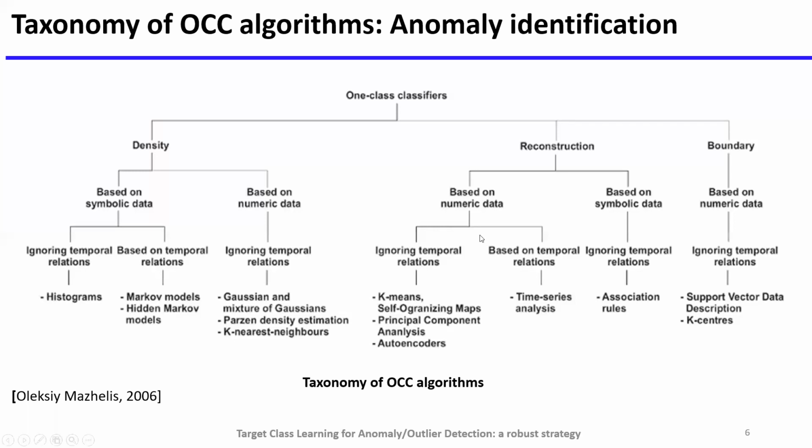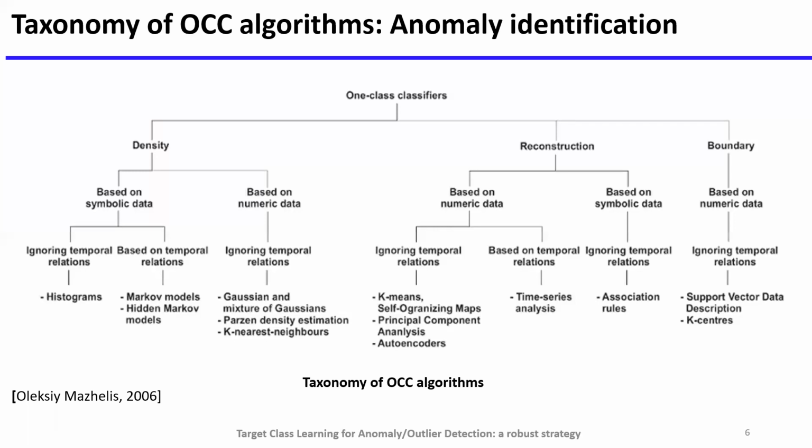Coming to the third one, that is boundary-based algorithms, and these are the most versatile application algorithms that have been used so far. The examples we can consider are SVDD, one class support vector machine, and k-centers.